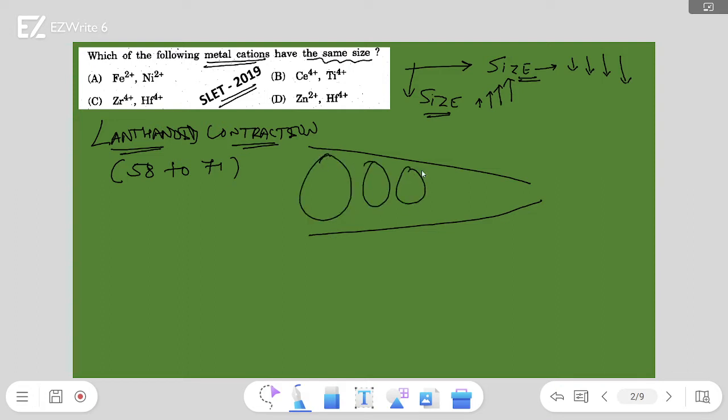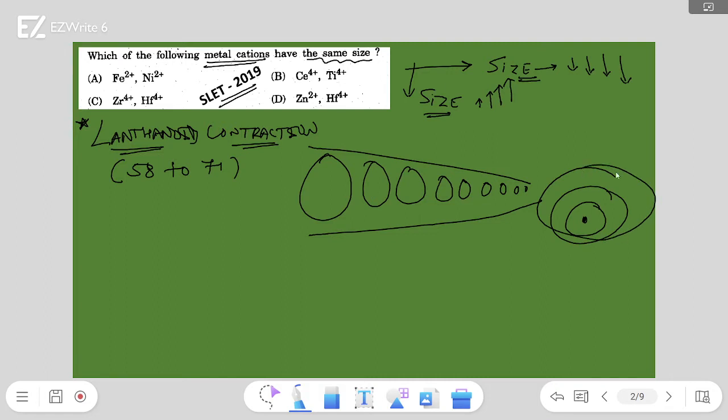The atoms moving from 58 to 71 decrease at a very high rate. This decrement is fundamentally called lanthanoid contraction, and it occurs because the filling of the newer electrons takes place in the inner orbit and not in the outer.